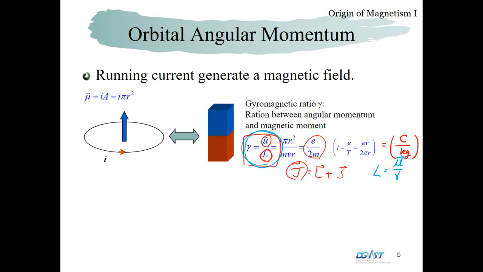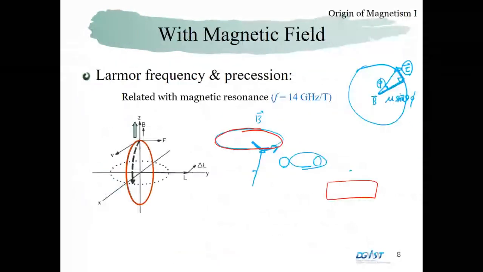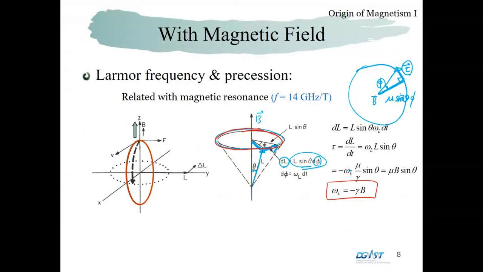So let's go back to here. I just said the unit of gamma is charge divided by the kilogram, right? And the omega L is the angular frequency. The unit must be hertz.